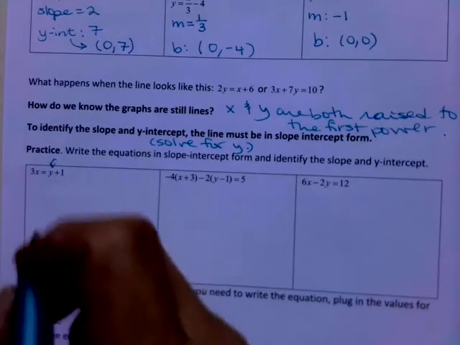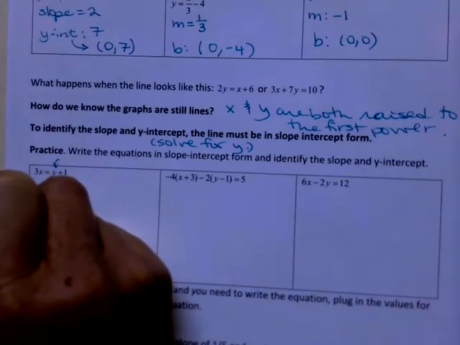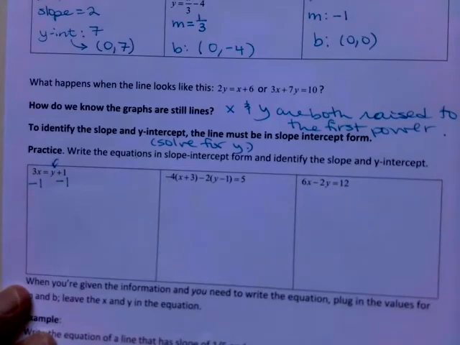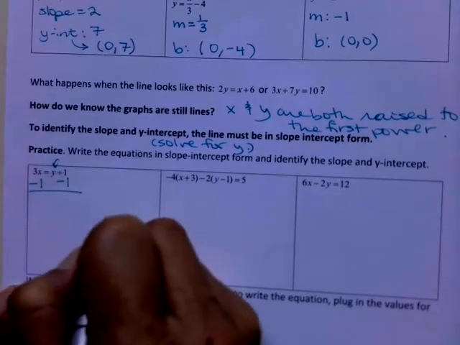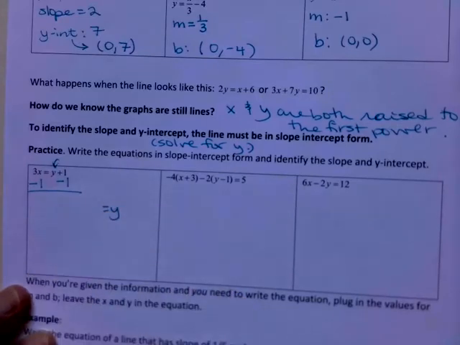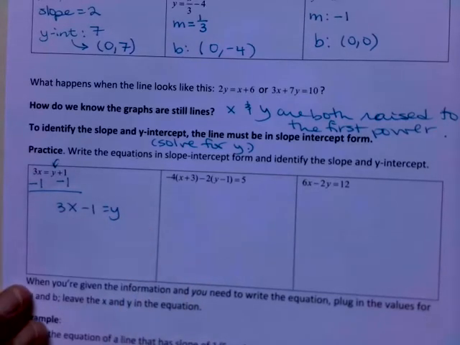So just like solving equations in one variable, we're going to subtract 1 from both sides. Doing the same thing to both sides gives me an equivalent equation. So now I have y by itself on the right side. That's fine. And then on the left, I have 3x minus 1.